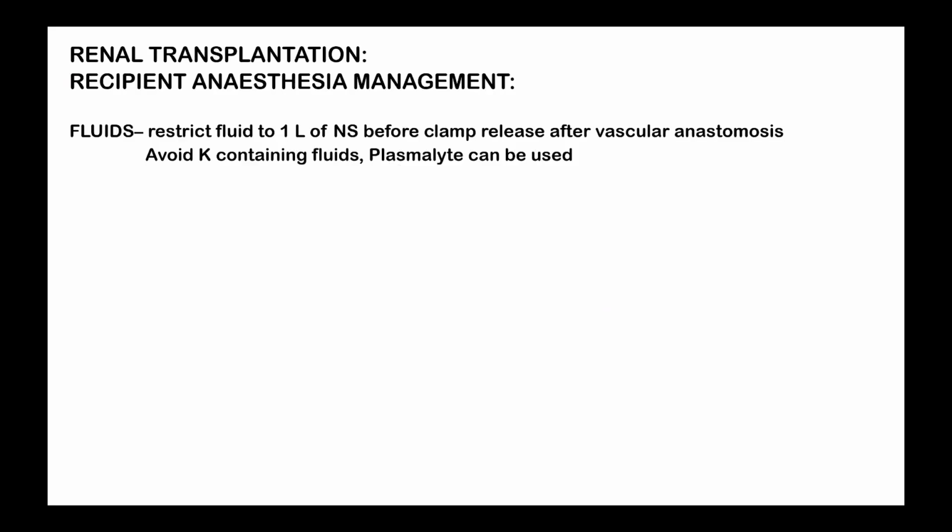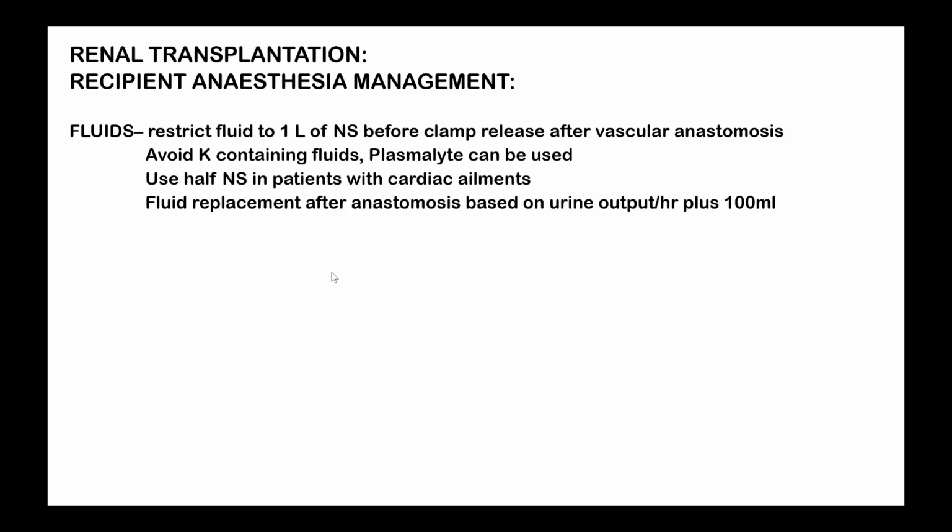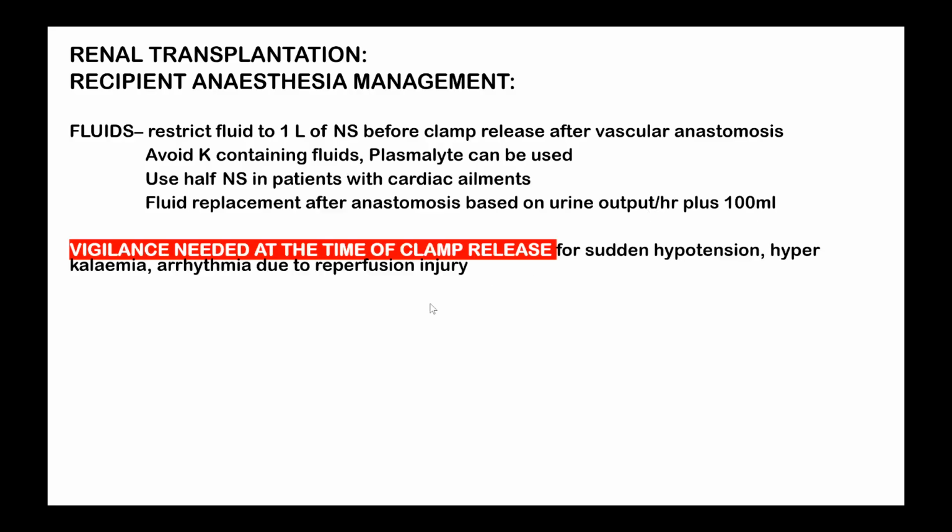But otherwise, normal saline and half normal saline are used in patients with normal cardiac function, and of course half normal in patients with cardiac ailments. And fluid replacement after anastomosis is based on the urine output per hour plus 100 ml. That is the calculation to use.